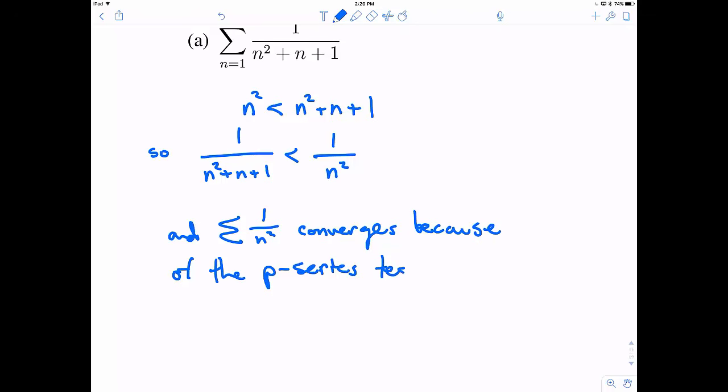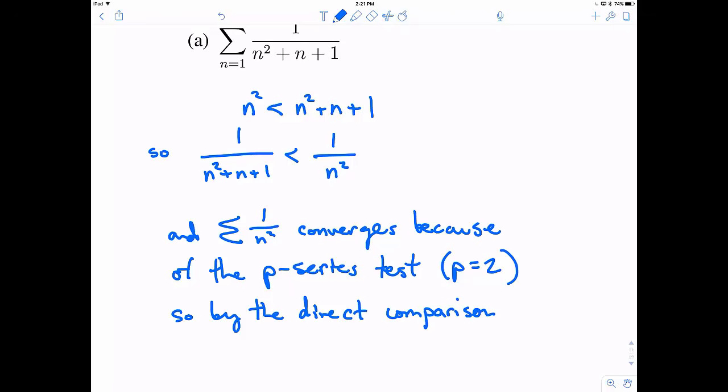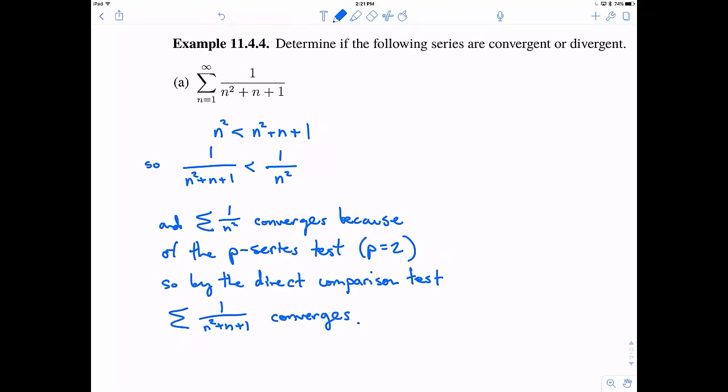This is p equals 2 in our case. So by the direct comparison test, we've shown that our series converges. So again, we're always stating which tests we're using here. This is how we're showing our work.